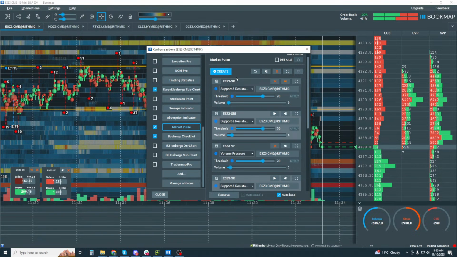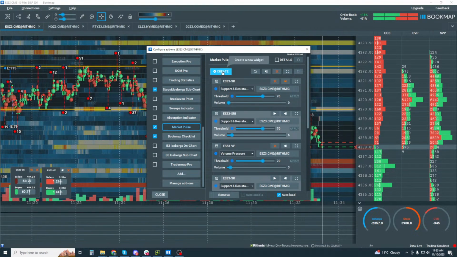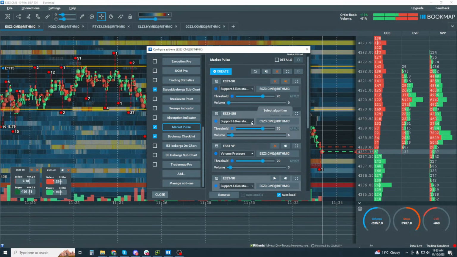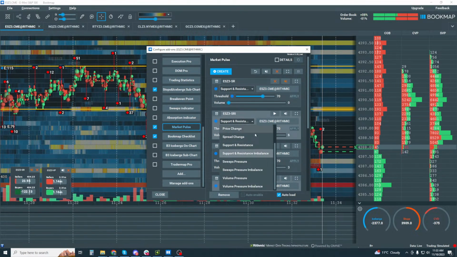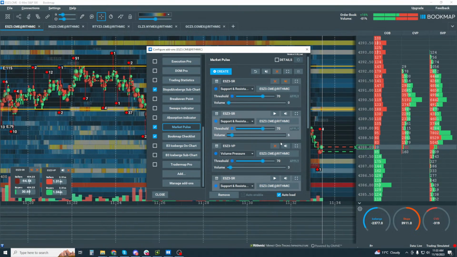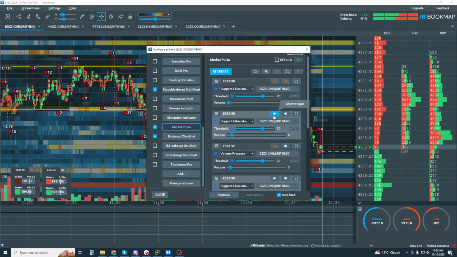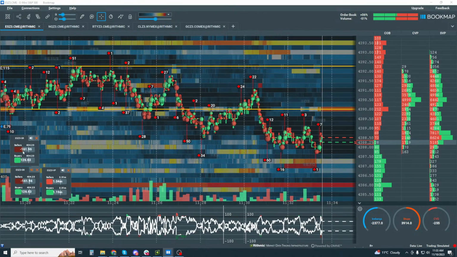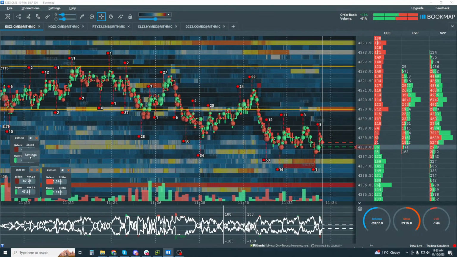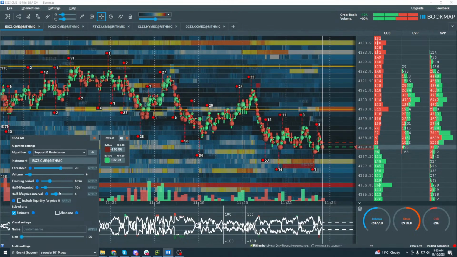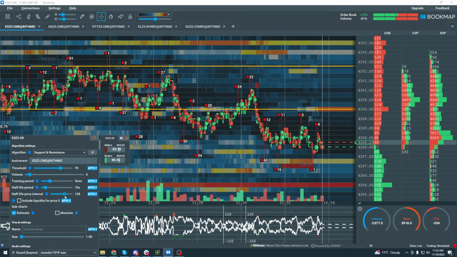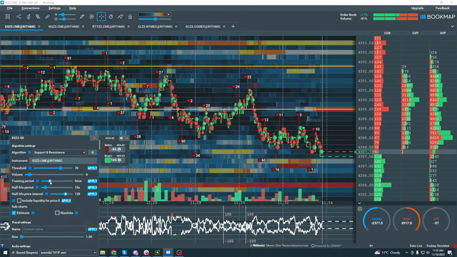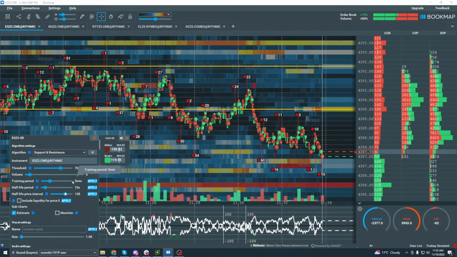I'll tune this one to support and resistance, and then press play. So I have now 2 support and resistance in here for the ES. But on this new one, I'm going to right click and go to the settings, and make this one much deeper. So let's go with 128. I don't know, I'm just testing it, and let's see what that book looks like. I'll keep it at 5 minutes.